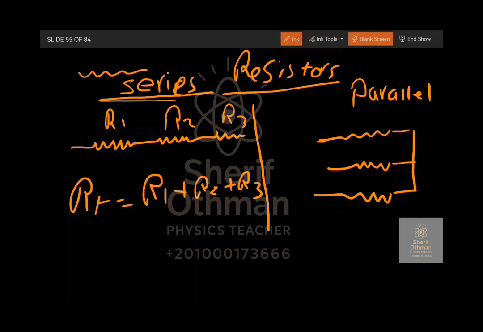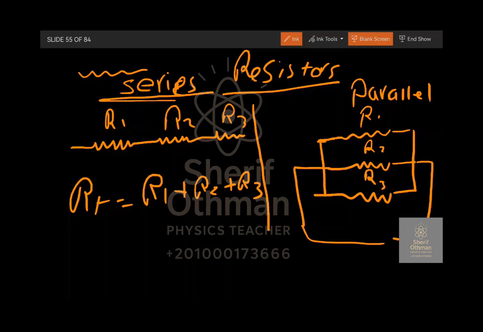I'm going to connect all of them together, then insert them into the circuit. So the right side of all resistors are connected together, and the left side of all resistors are connected together, then inserted into the circuit.